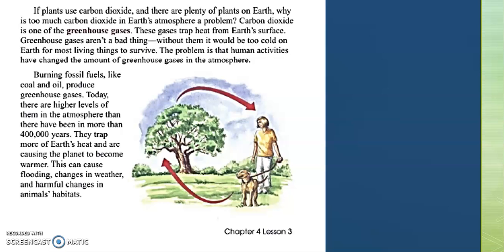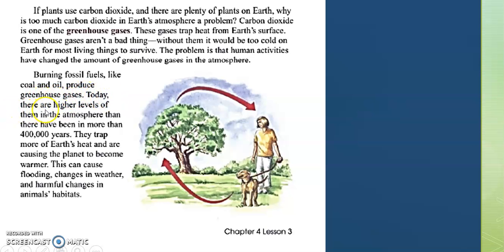So in conclusion, look at that picture. This is the picture that the book gives you of the process. If plants use carbon dioxide, and I already read this in conclusion, burning fossil fuels, right, like coal and oil, produce greenhouse gases.